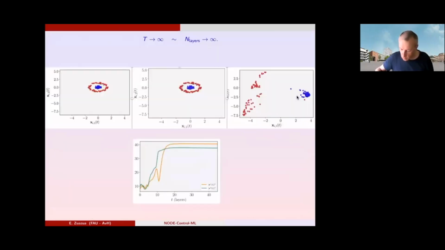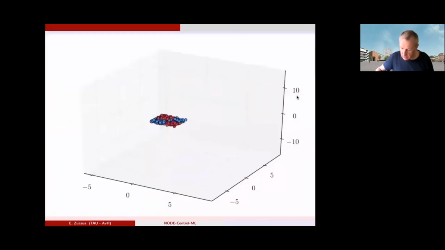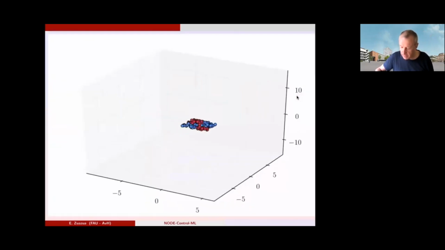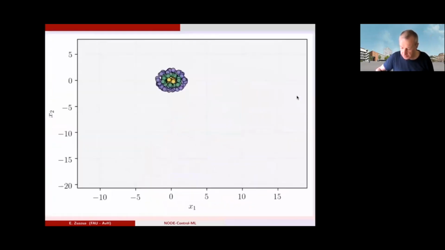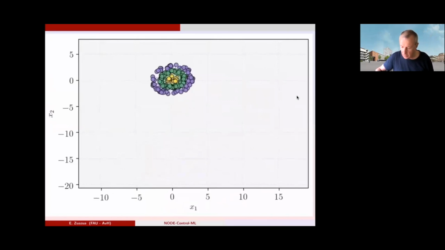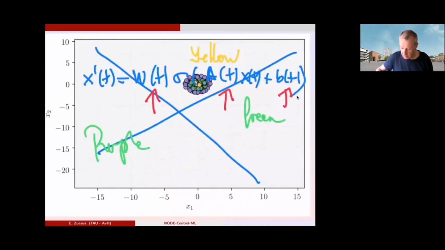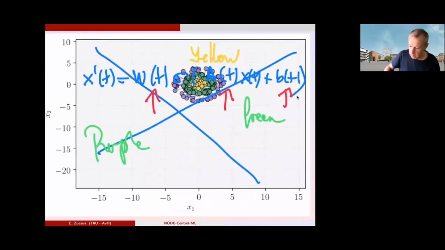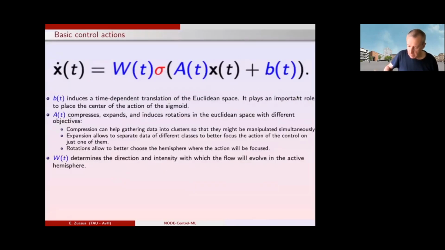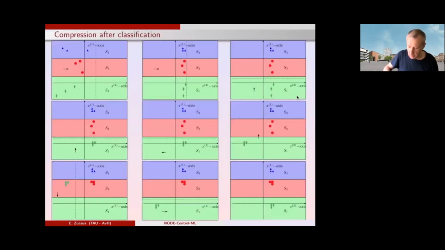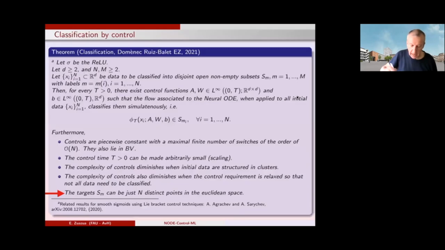Why is this result interesting? Why, if I can just do the optimal control approach, do I need such a result?